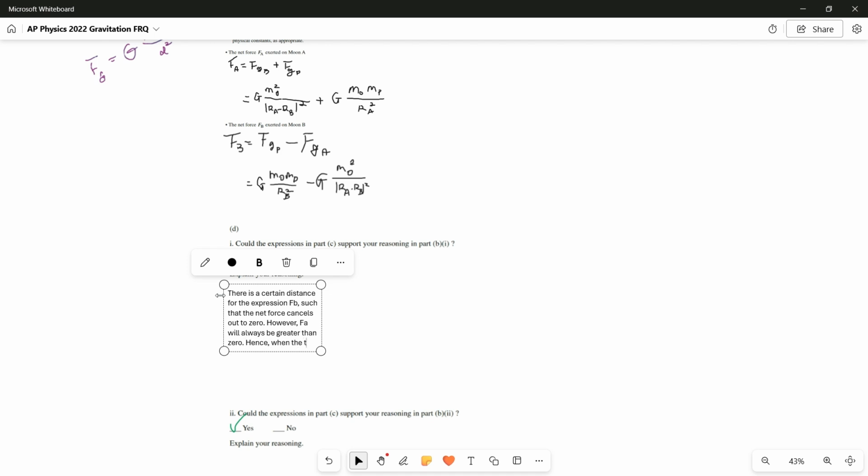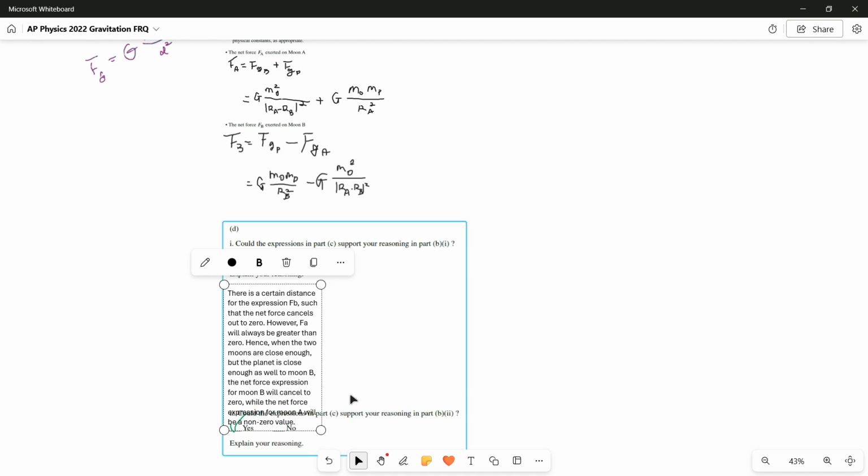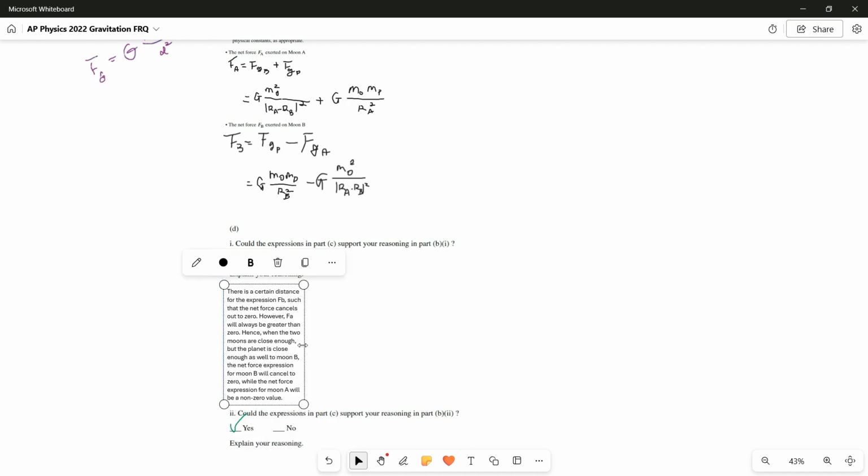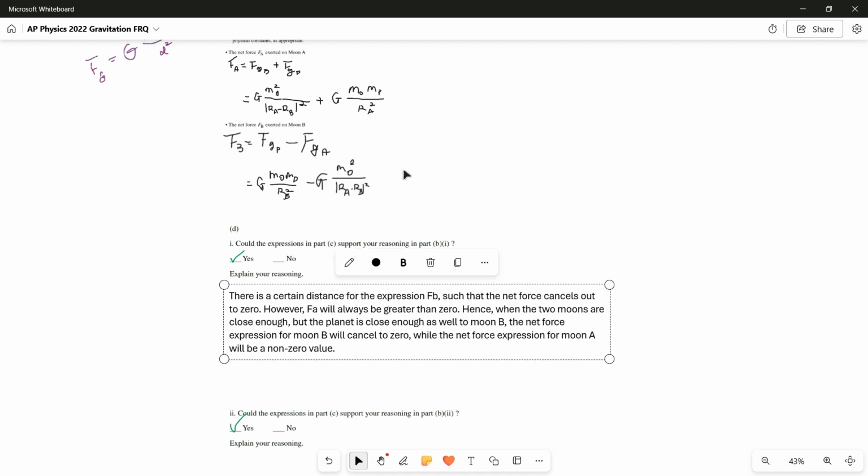Hence, when the two moons are close enough, but the planet is close enough as well to Moon B, the net force expression for Moon B will cancel to 0, while the net force expression for Moon A will be a non-zero value. And that will obviously be greater than FB net. All right, so that will be our response to DI.